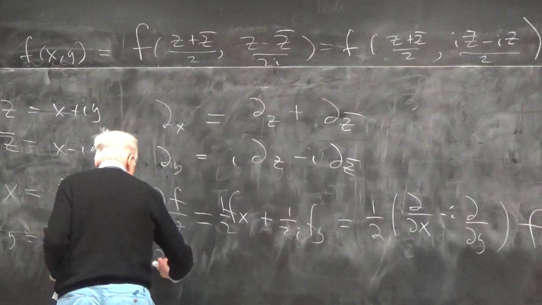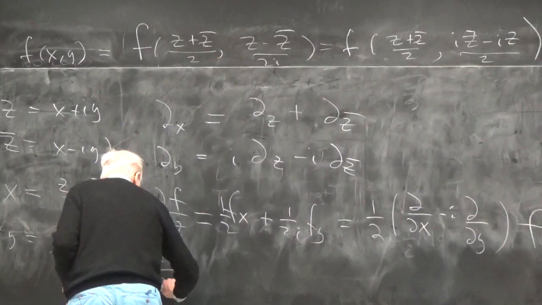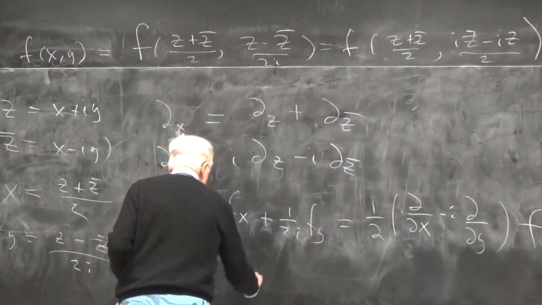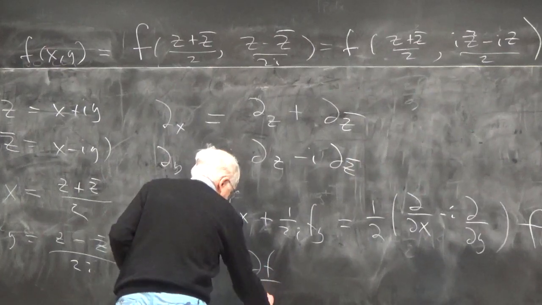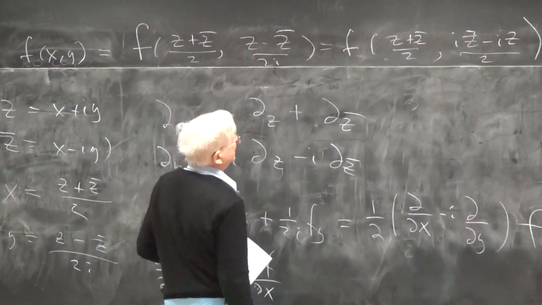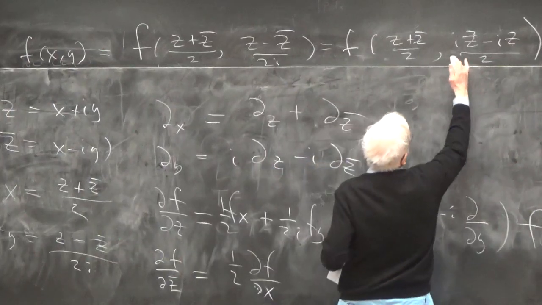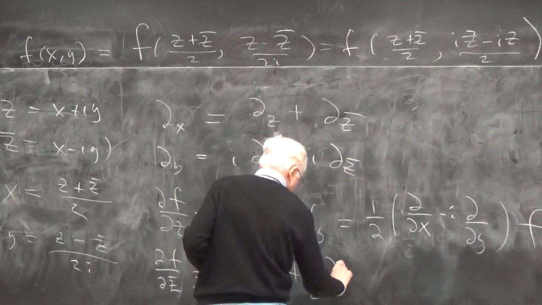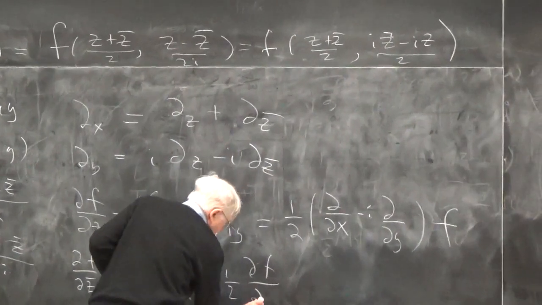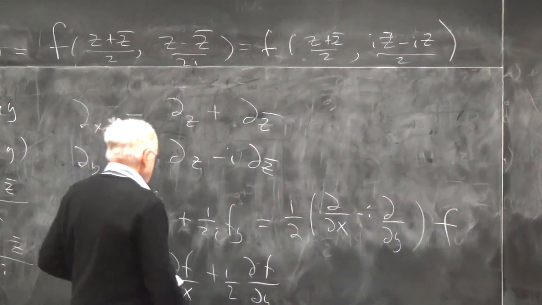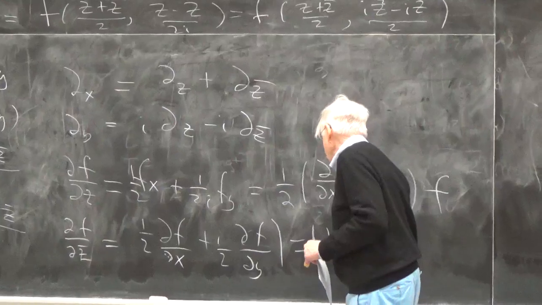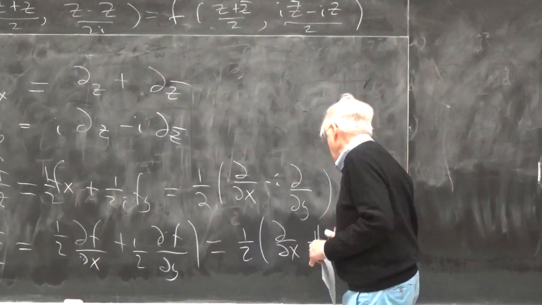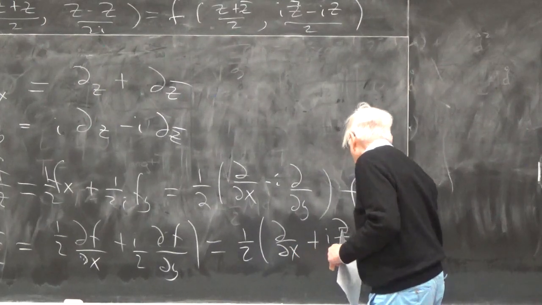And on the other hand, the derivative of f with respect to z bar, well, it's 1/2 the derivative of f with respect to x, plus i over 2 the derivative with respect to y. And so, rewriting that, we can say it's 1/2 d by dx plus i d by dy on f.